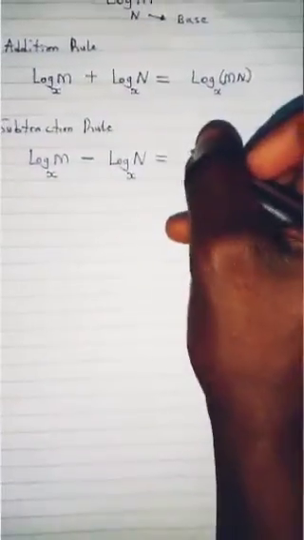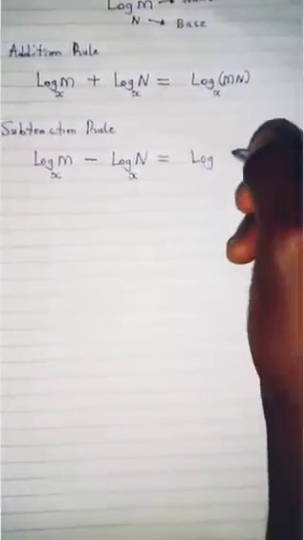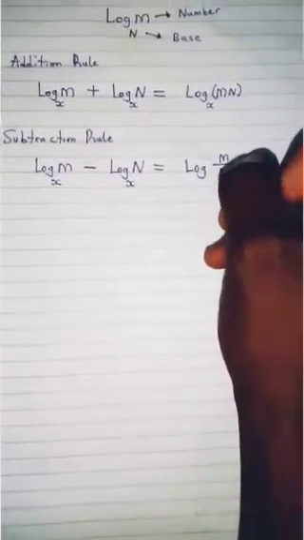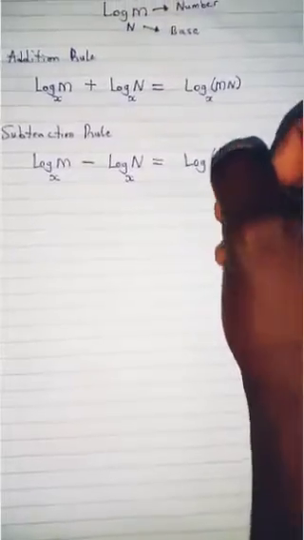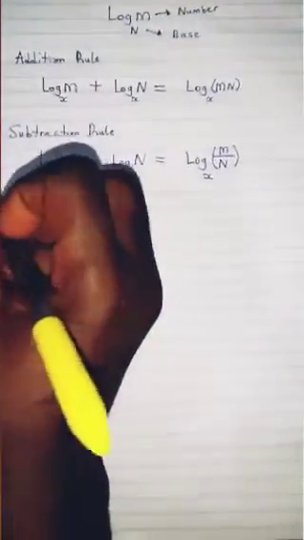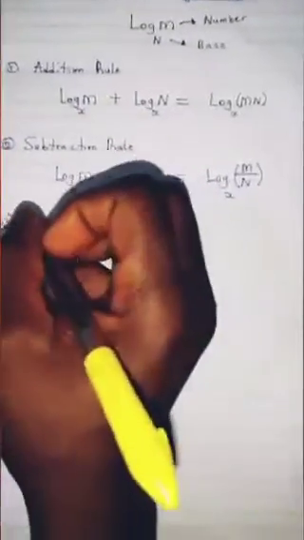So we are going to be having log m divided by n, then into base x, which means subtraction goes with division. We are going to divide the number. That's m divided by n. That's for subtraction.